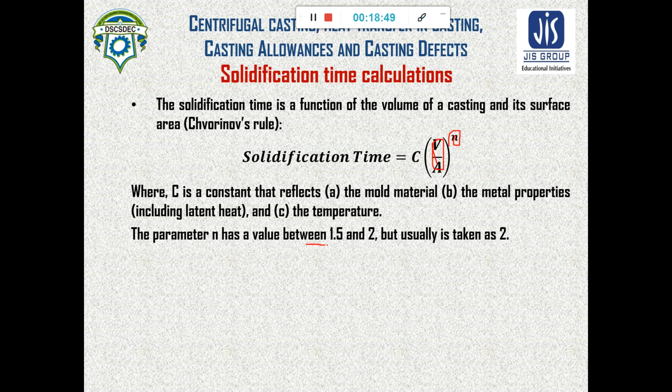The value of n is taken between 1.5 to 2, usually 2, and C is the constant that reflects the mold material and the metal properties, including latent heat and the temperature. There may be some problems about this solidification time in your semester exam, so we will solve them in the live class.